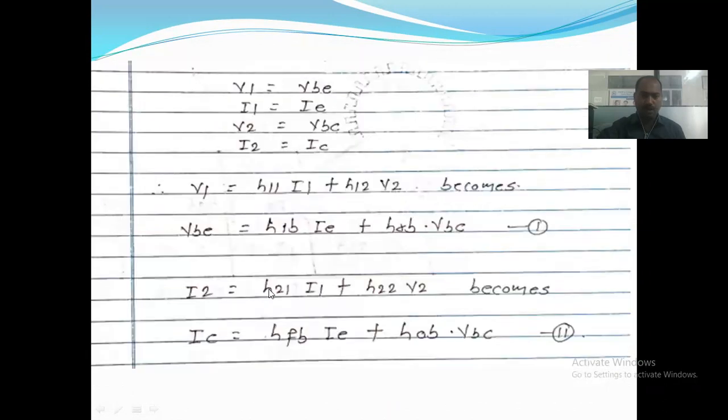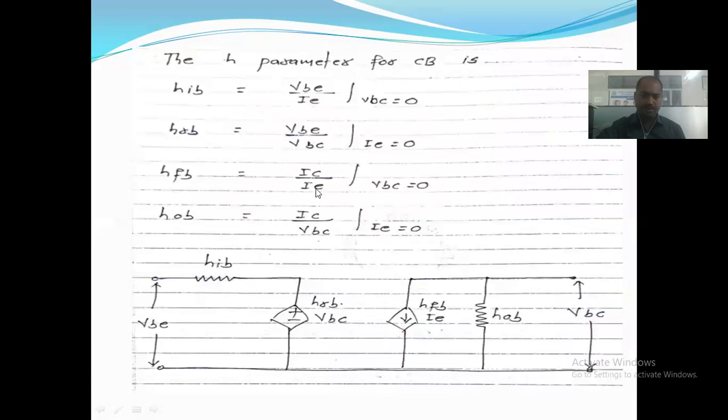To find out the other parameters, that is the I2 related parameters, we use IC equals HFB into IE plus HOB into VBC. To find out the HFB, we make VBC equal to zero, so that whole term is zero, right? So HFB equals IC divided by IE when VBC equals zero.